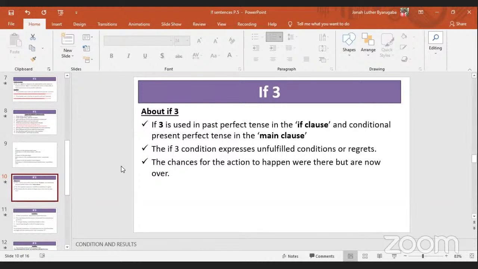If three is used, the if clause is expressed in the past perfect tense, and conditional present perfect tense in the main clause.